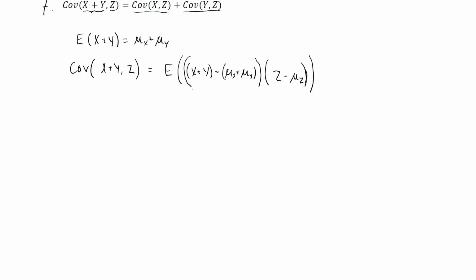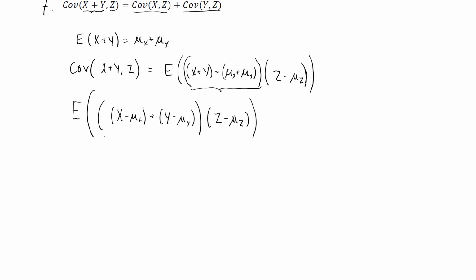If I just rearrange the terms in this parenthesis, we see that this is the expected value of (X minus mu_x plus Y minus mu_y) multiplied by (Z minus mu_z). I can then expand this parenthesis by multiplying this by this plus this times this.